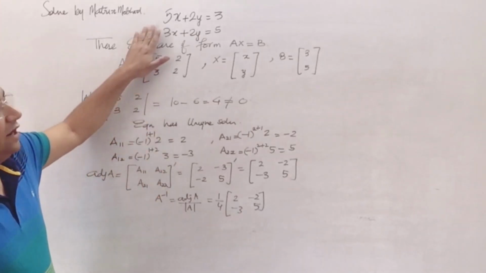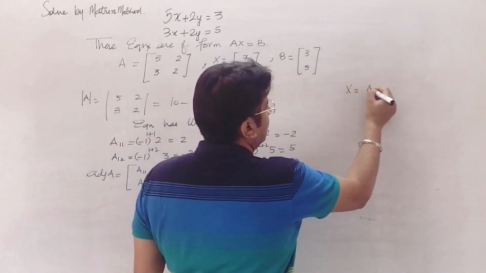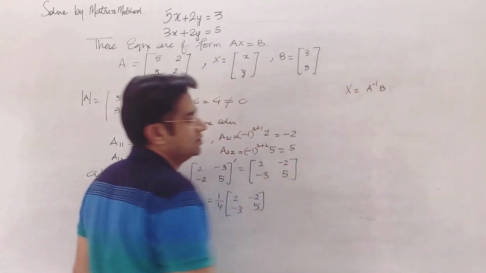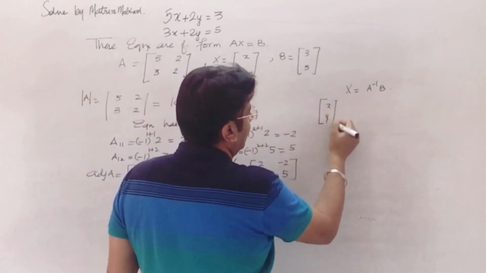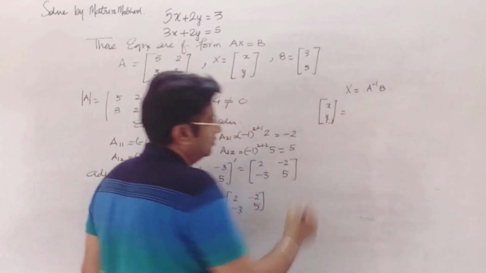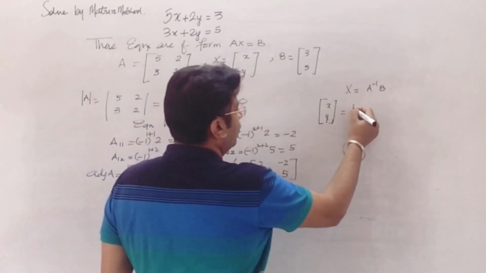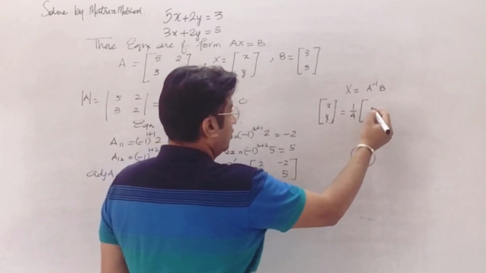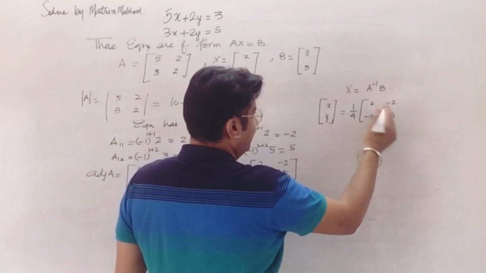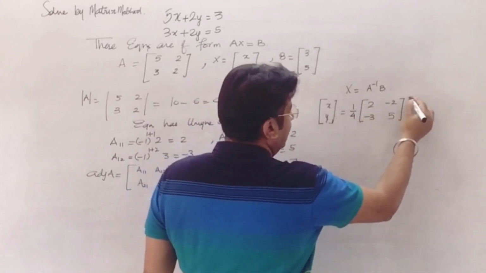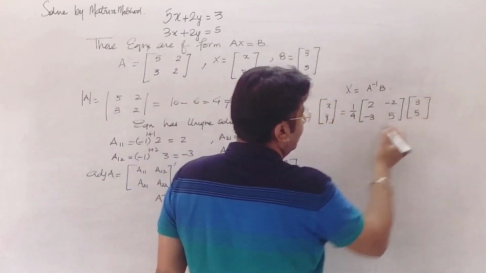And for calculating the value of the variables, we use lastly X is equal to A inverse into B. The variable matrix was x, y, and A inverse is 1 by 4 times 2, minus 2, minus 3 and 5. And B is the constant matrix, it is 3 and 5.